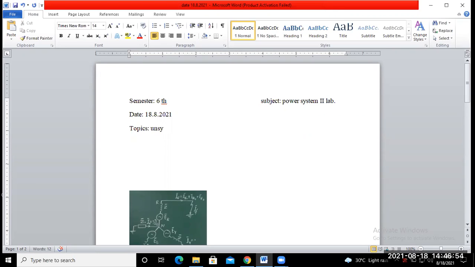Unsymmetrical fault in power system, fault current calculation.